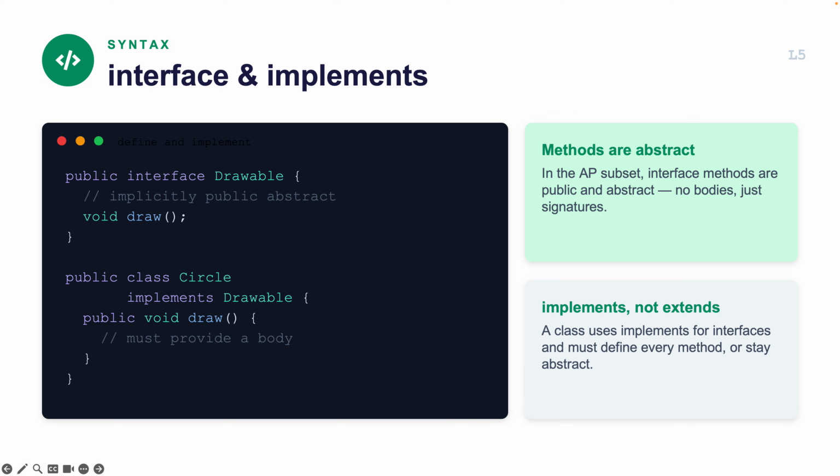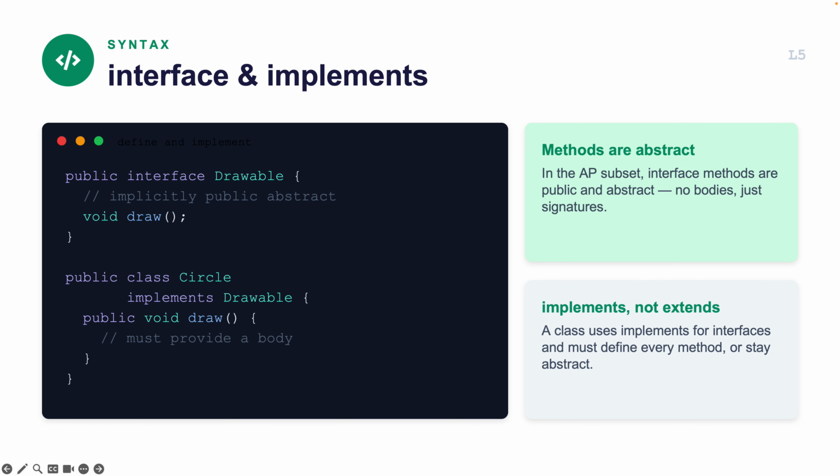All right, exciting stuff. The syntax. You declare an interface with the keyword interface instead of class. And inside, you list method headers ending in semicolons with no bodies, because an interface says what, not how. Then a class signs the contract using the keyword implements, and it must provide a real body for every method the interface listed.